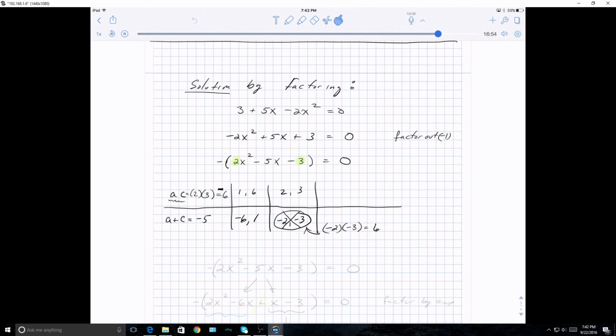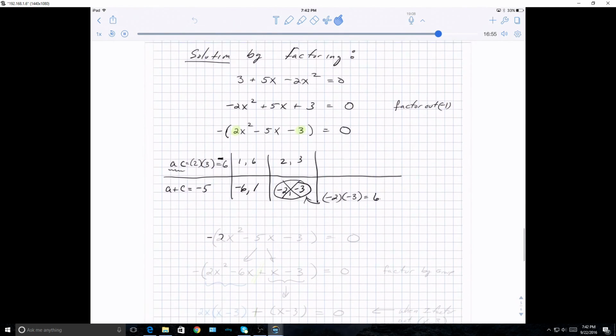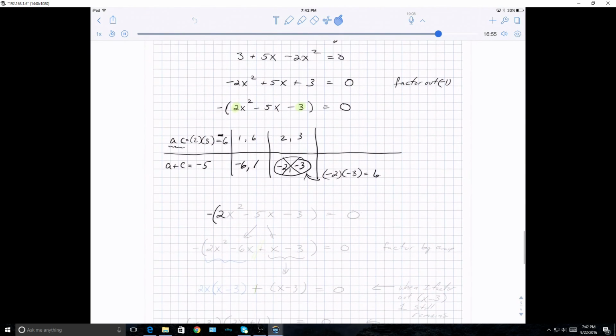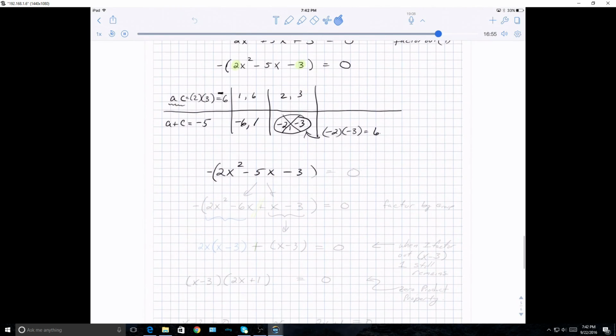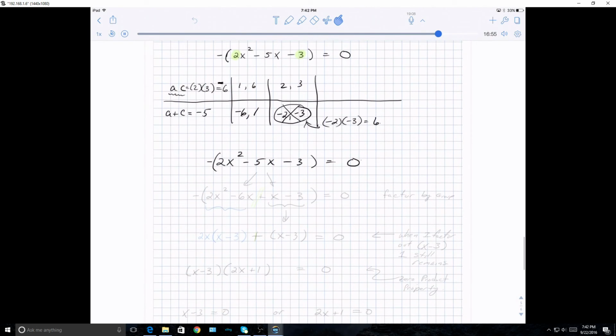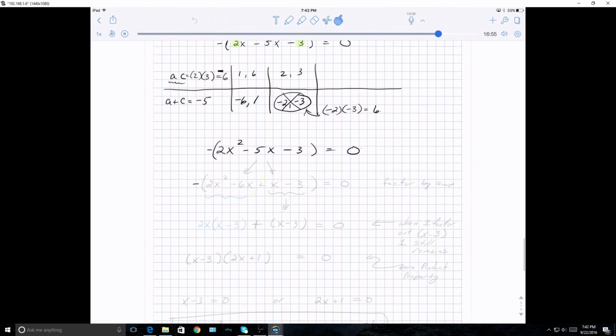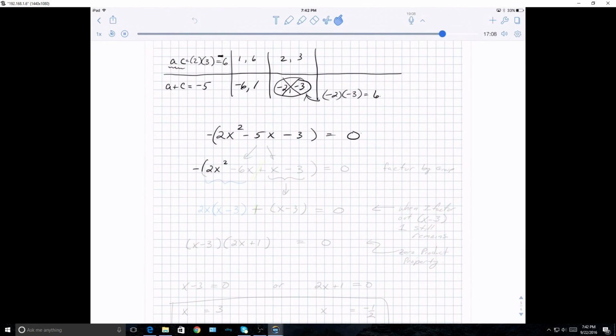So if we rewrite this, I'm just going to rewrite the whole thing here as it was. And now what we're going to do is break that 5x into 2 nice and easy numbers, which we have here, which is the negative 6x plus x minus 3.